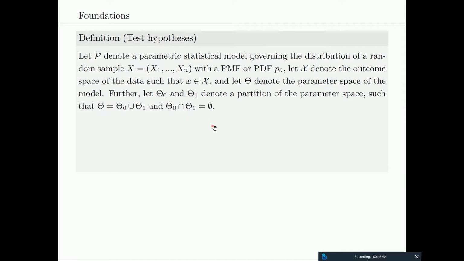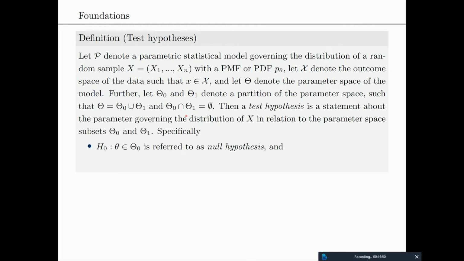So it's a partition of the parameter space, denoted by big Theta_0 and big Theta_1.